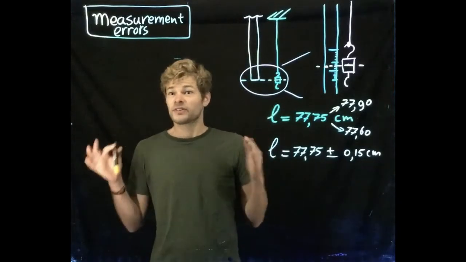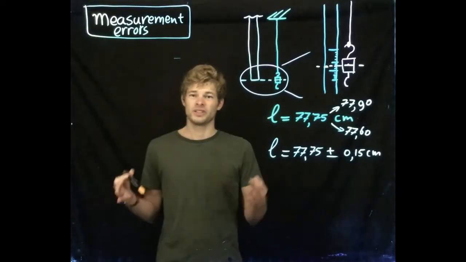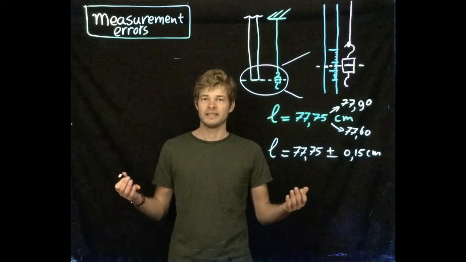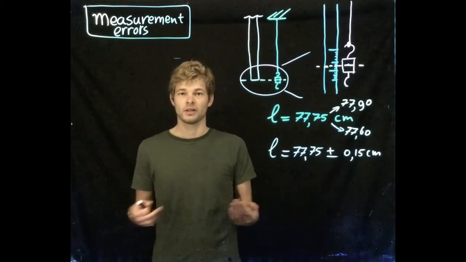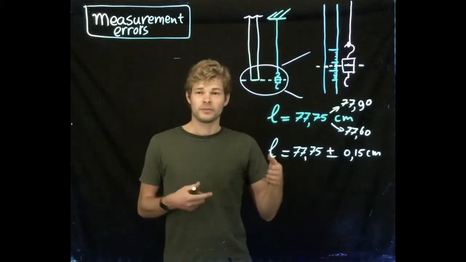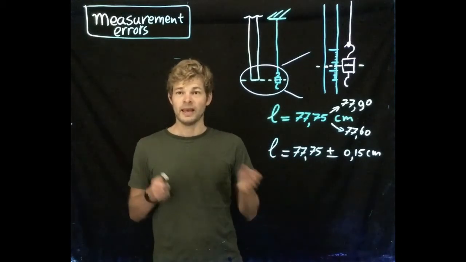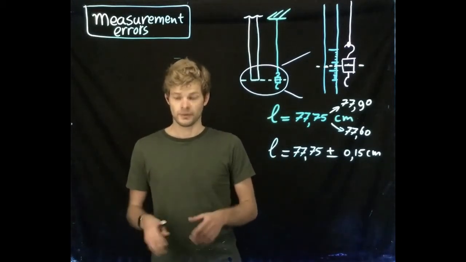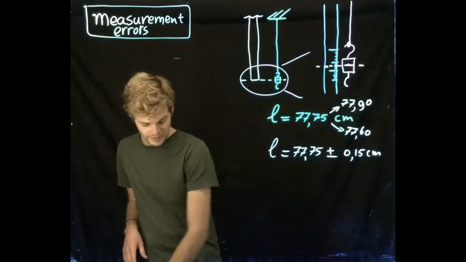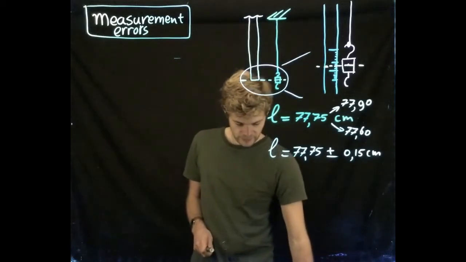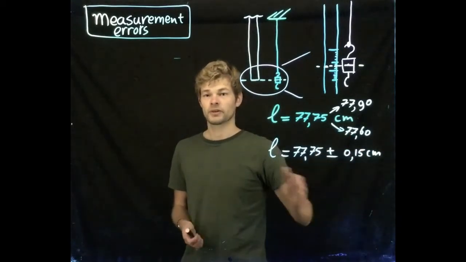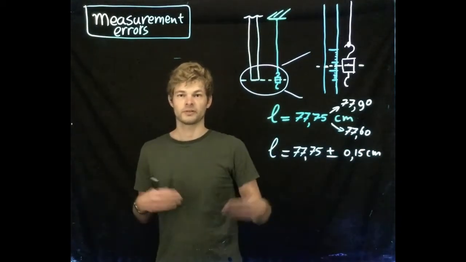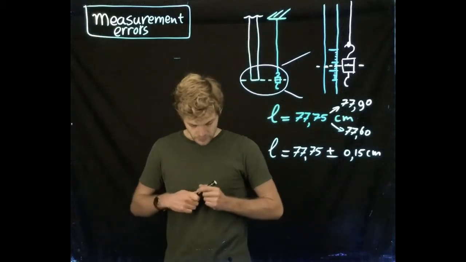Since no measurement is infinitely correct or infinitely precise, there are always measurement errors. And when you want to do experiments, you need to deal with this. These measurement errors say something about the accuracy of your experiments and the reliability of your results.